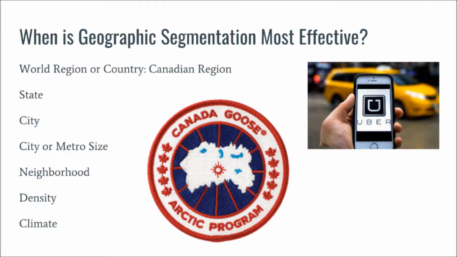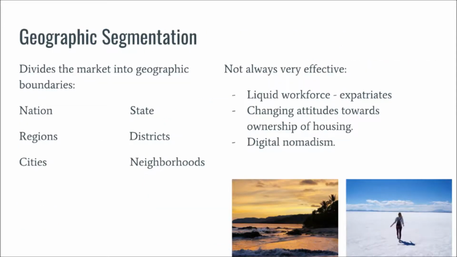Uber also has to use geographic segmentation when launching in new cities. They have to consider whether or not the target market would be large enough to sustain the brand. Now, geographic segmentation focuses on dividing up the regions of the world by cities, state, districts, neighborhoods.